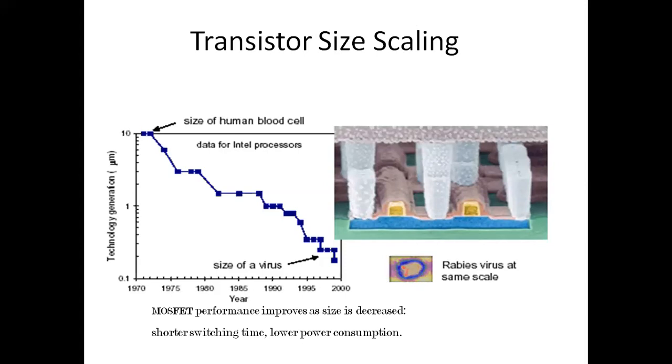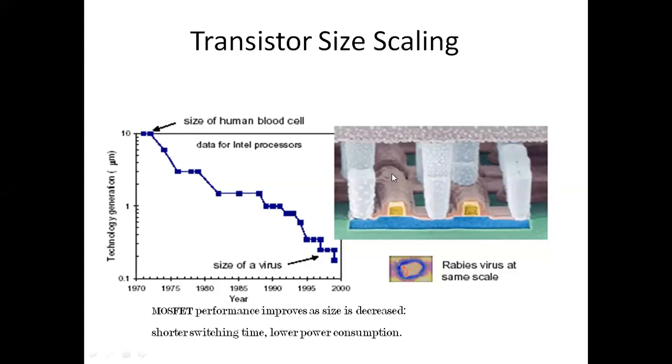We can reduce the length of the device. We can reduce the voltage level that can be applied to the device, by which we can also change the gate capacitance and so on. Different electrical properties of the devices will change.